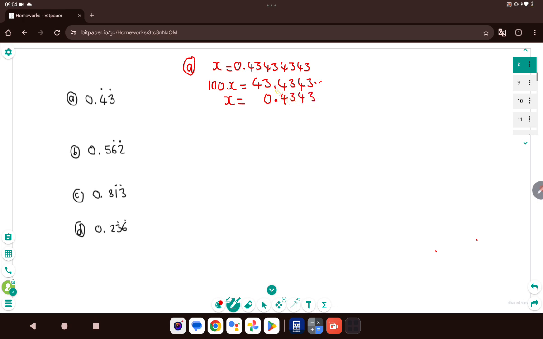It's really essential these decimal points are in the same place. Subtract: 100x take away 1x is 99x. 43.4343 minus 0.43 and so on leaves you with just 43. Divide both sides by 99. x is 43 over 99. Doesn't simplify.